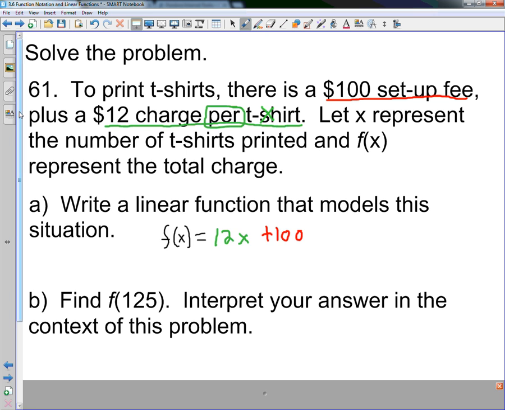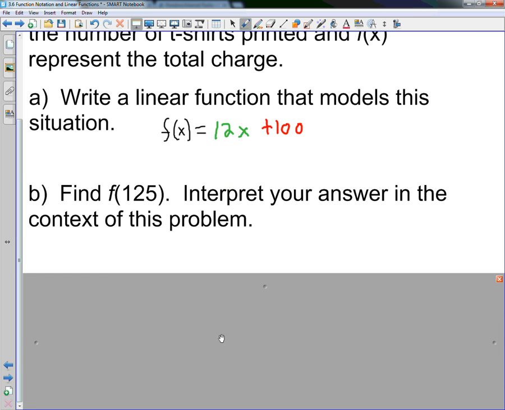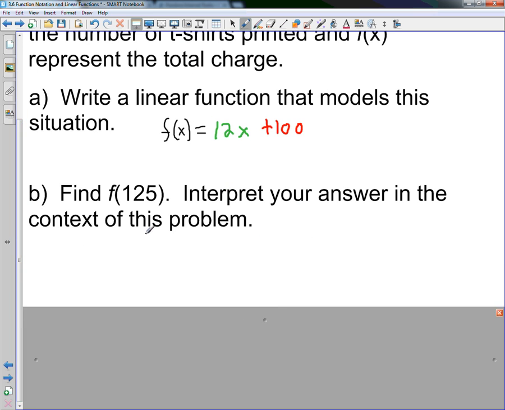Now the next part is, now that we have our function, let's go ahead and start finding some values. So this is asking us to find f of 125. So this means take 125 and plug it in for our x.